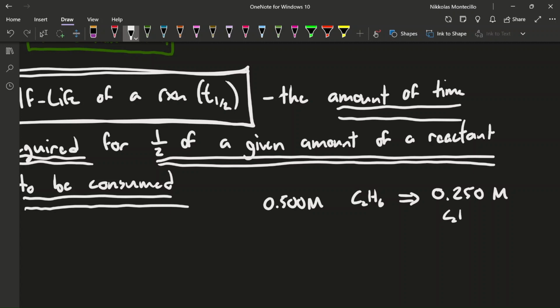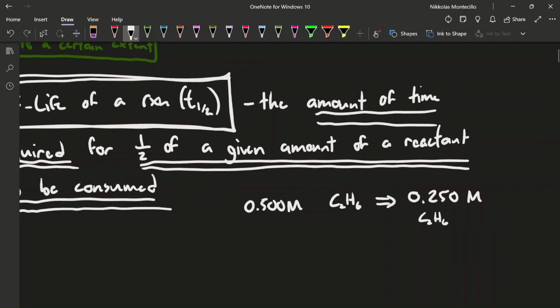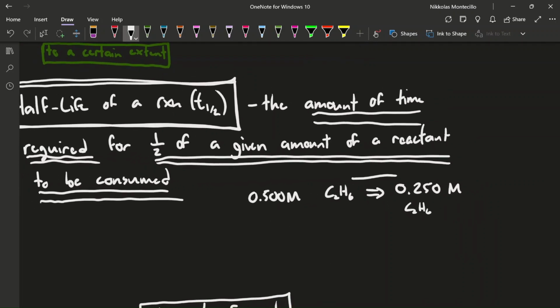The time between these two concentrations is what we consider to be the half-life, t1/2.